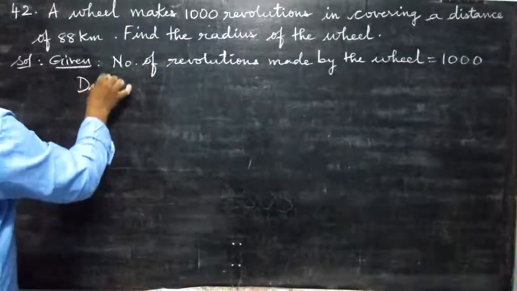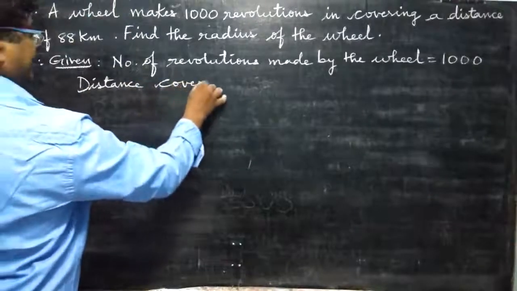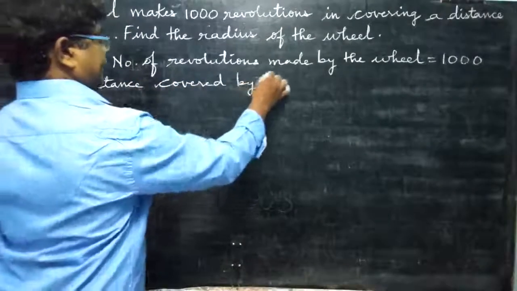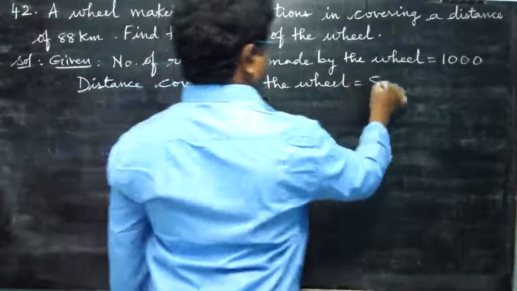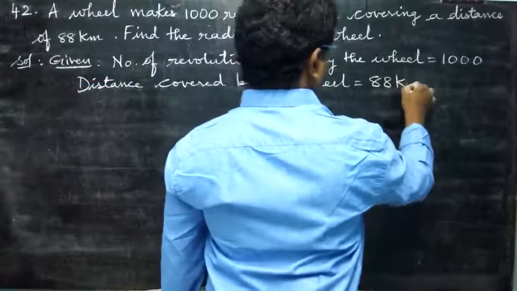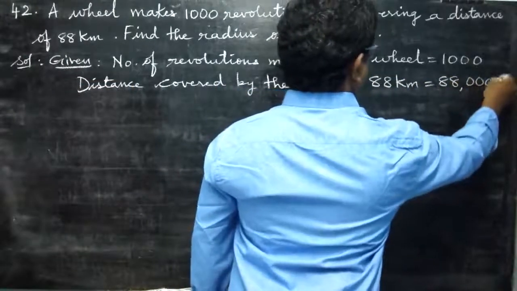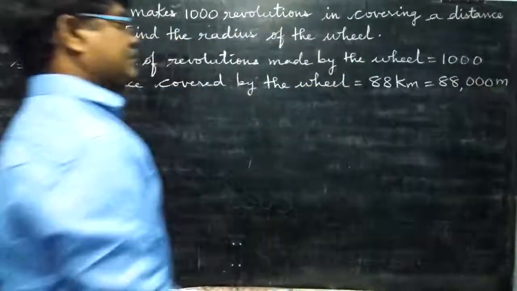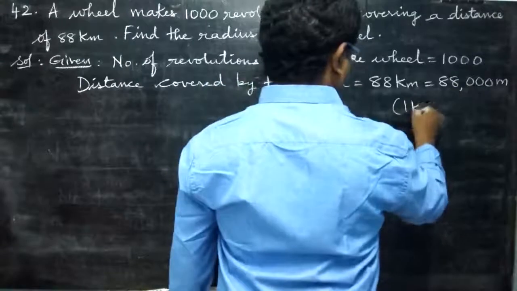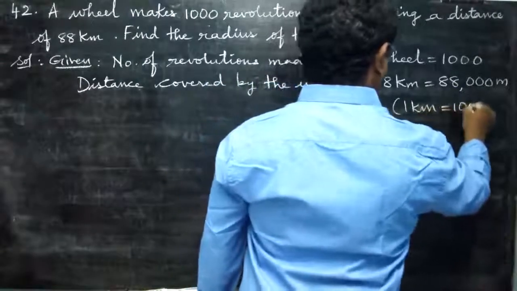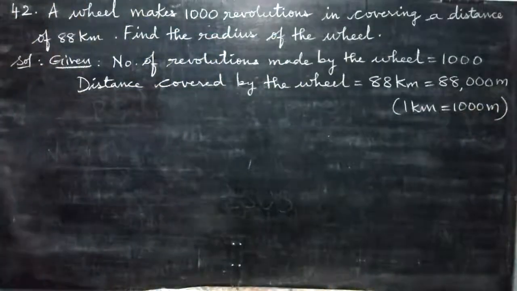Distance covered by the wheel is equal to 88 kilometers. We can change it to 88,000 meters. Convert into meters. 1 kilometer is equal to 1000 meters. Write it in the bracket. 88 kilometers, 88,000 meters.